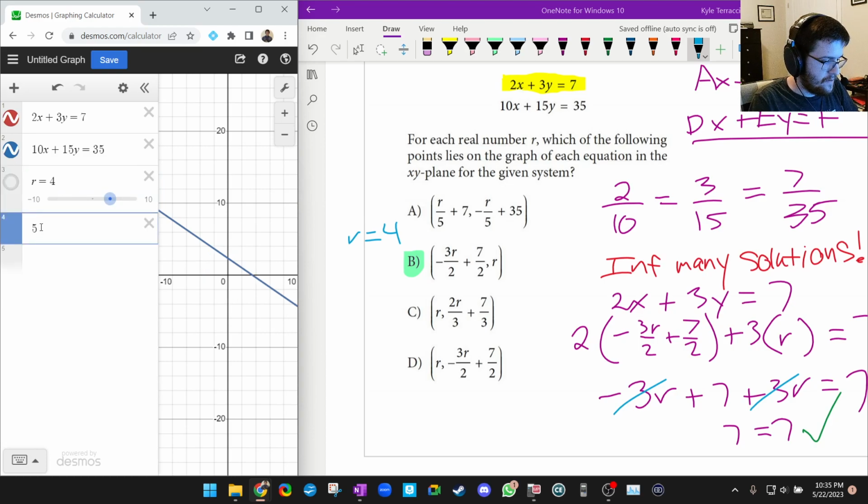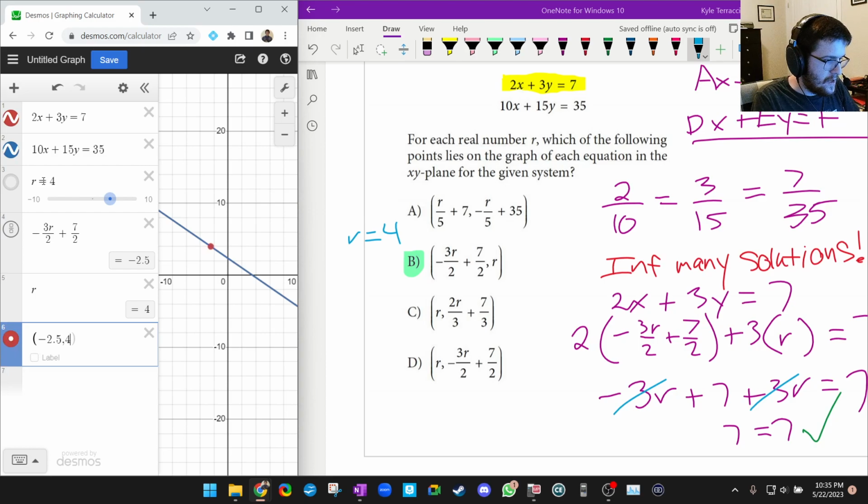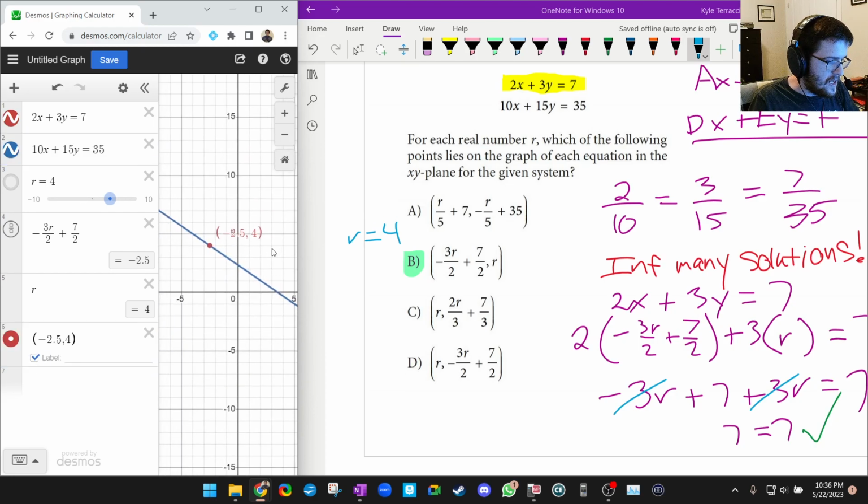And we're going to do negative 3r over 2 plus 7 over 2. And then r is just 4. So the point is negative 2.5, comma 4, which as you can see is on the lines.